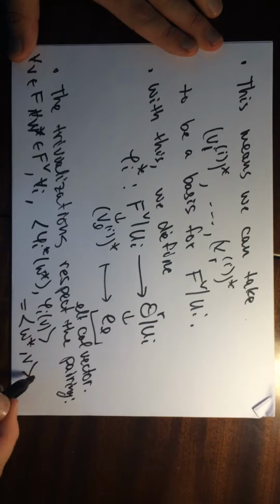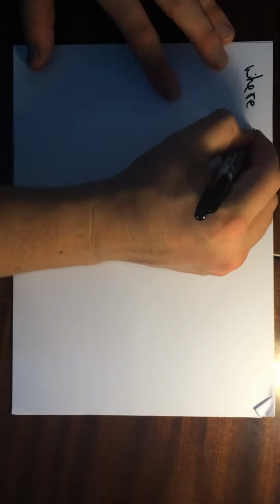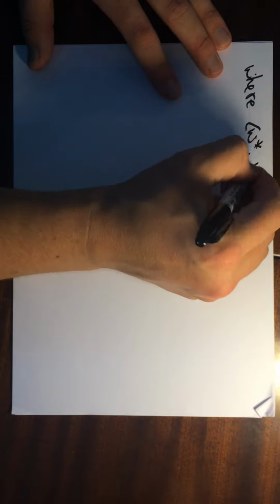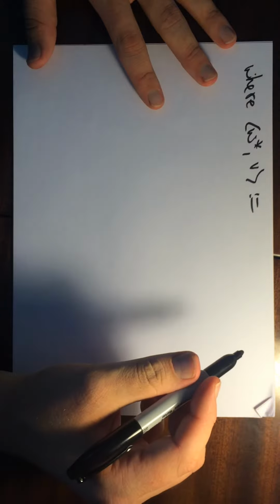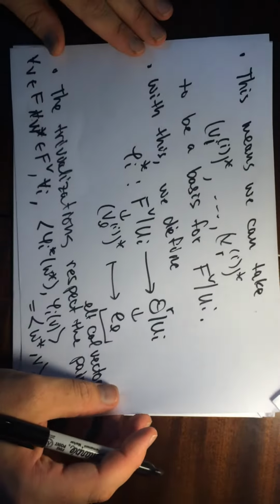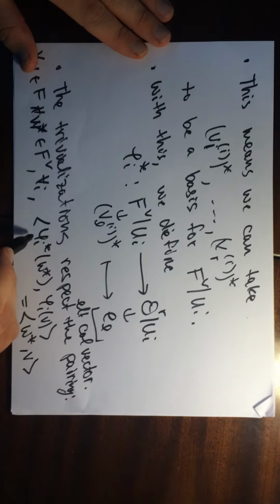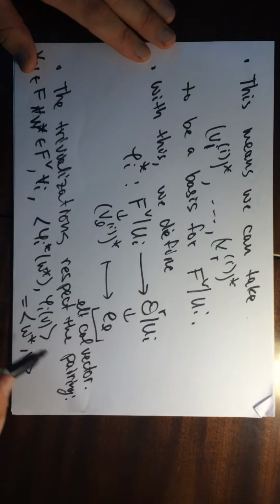Okay, and what do we mean by this thing? Where W star of this thing is defined to be equal to, sorry. So this thing is now an element of here, okay?